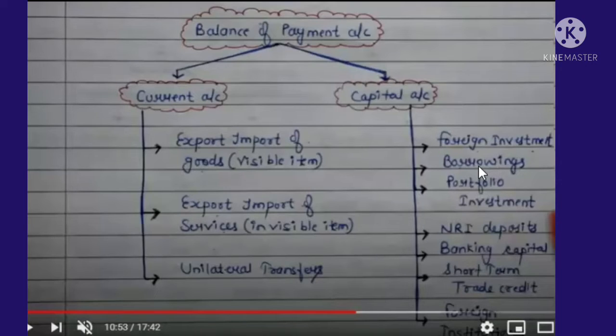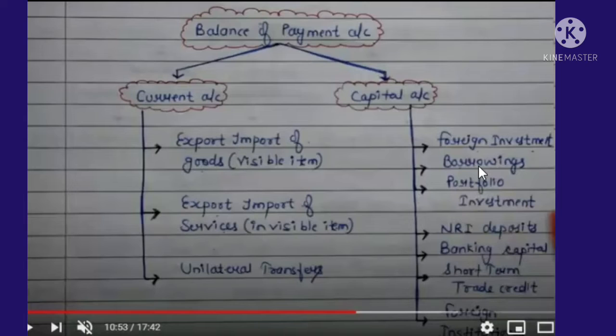So if our country's asset has been sold outside, it is calculated on the positive or credit side. We are getting money from there. A debit side means a negative side. Purchase of assets abroad is recorded on the debit side, as the money has been taken away from our country for the purchase.